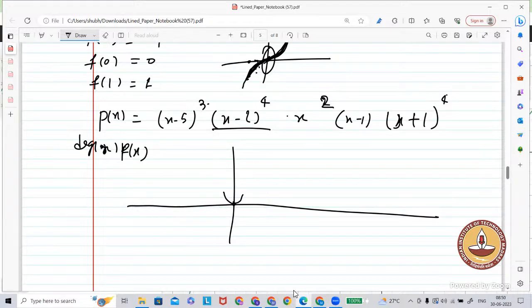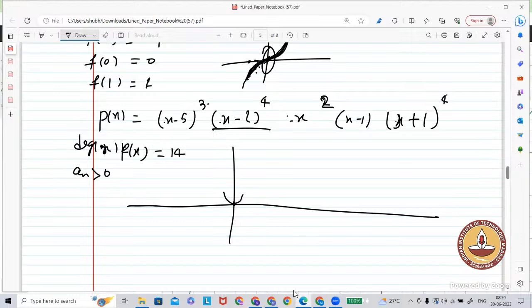So the degree of this polynomial is 14, and the highest degree term coefficient, a_n, would it be positive or negative? It will be positive, right? Because the multiplication is all positive.